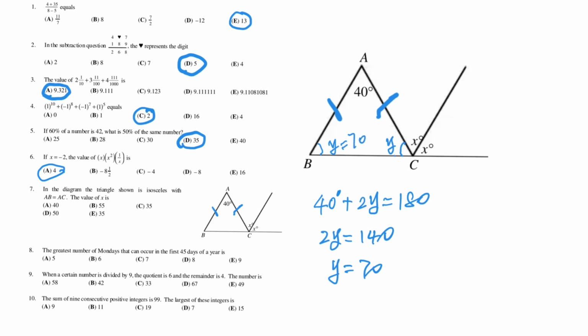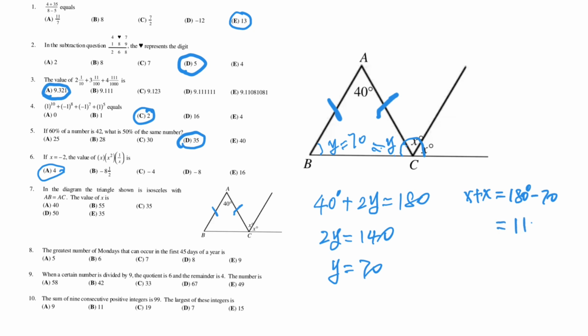They ask for x. x plus x, that's 2x. x plus x plus y, with y being 70. So x plus x is 180 minus 70, because the straight angle is 180.